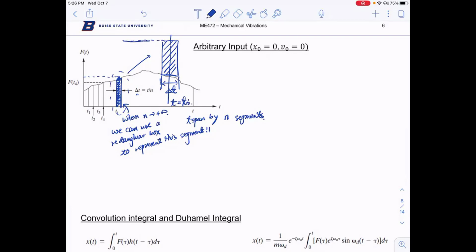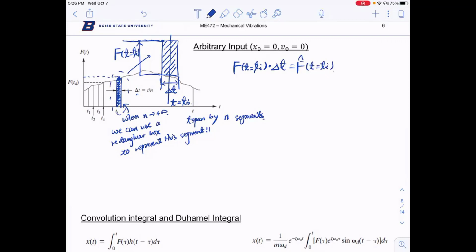So the force value, or the height, is the force value at t equals ti, right? And then remember that your impulse is force times delta t. That's your f hat at time equal to ti.